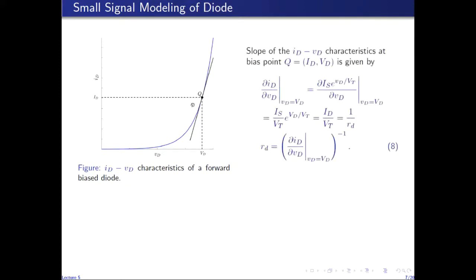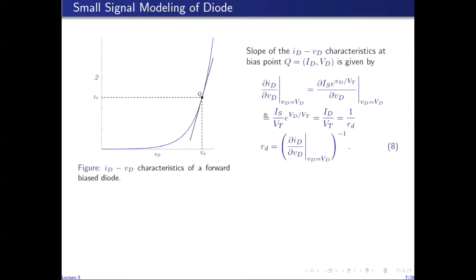If we compute the slope of this exponential curve at Q, at the bias point, then we just differentiate the expression of ID, which is this, with respect to VD, and replace VD with capital VD, because we need to compute it at the bias point Q, at which the voltage is equal to capital VD.